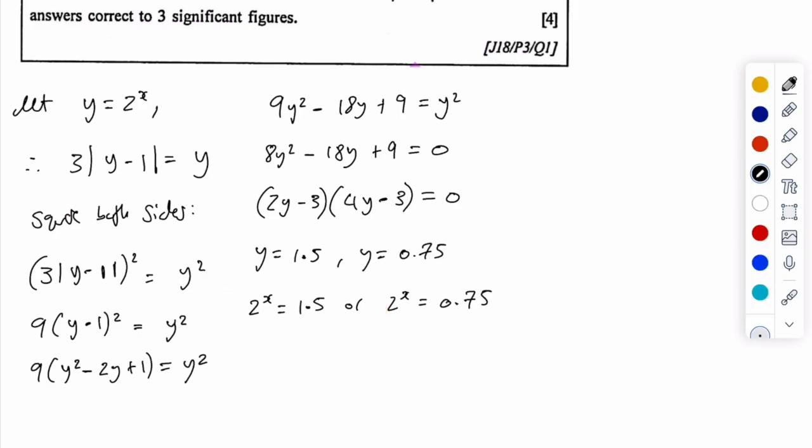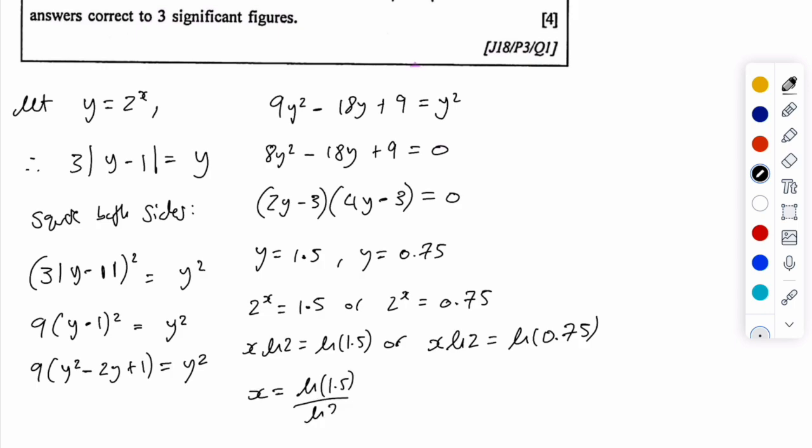Okay, so take the ln of both sides. What we've got is x ln 2 is equal to ln of 1.5, or x ln 2 is equal to ln of 0.75. Which means x is equal to ln of 1.5 over ln 2.